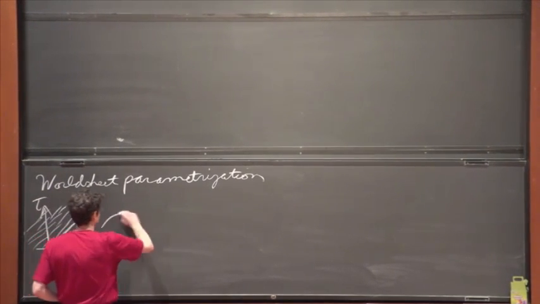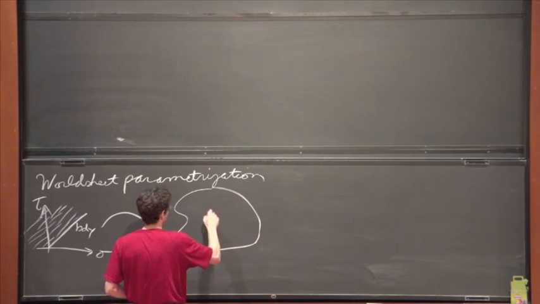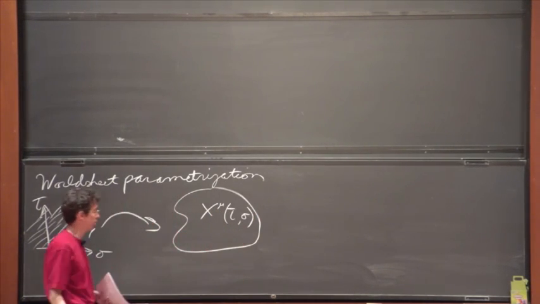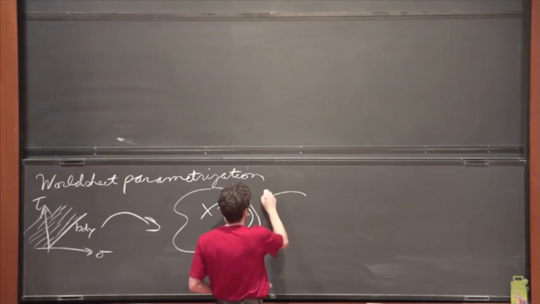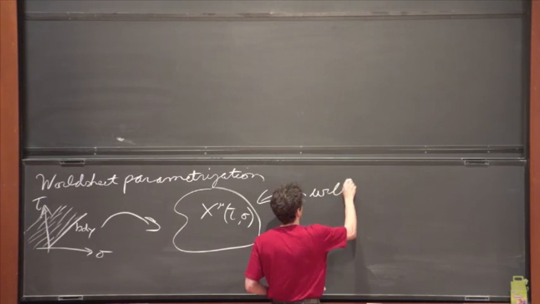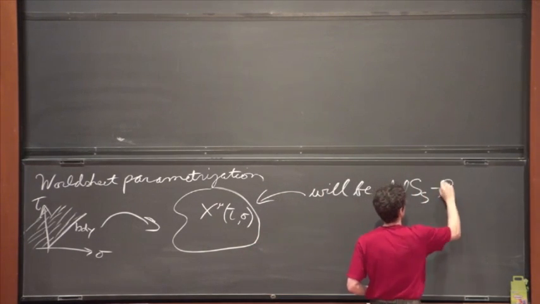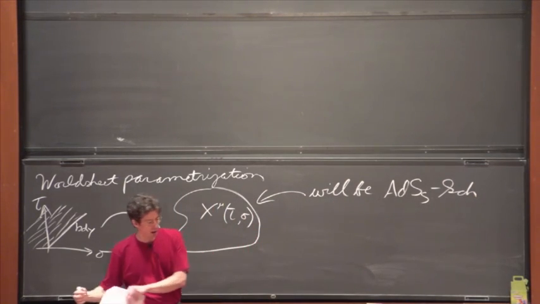So this goes into space-time, some big, at present arbitrary curved space-time, but you know what I'm going to do. I'm going to make this space-time AdS5 Schwarzschild, and my string is going to propagate above the horizon.